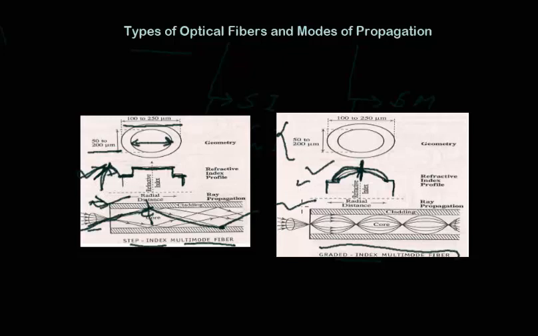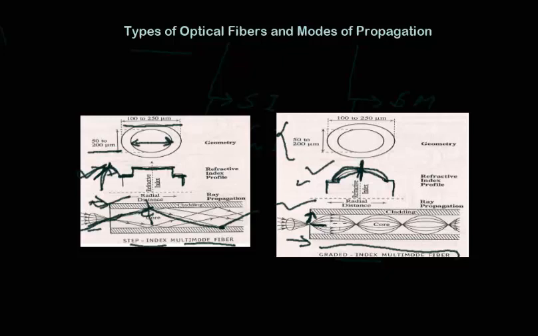Now, if we talk about graded index multimode fiber, the modes of propagation you can see are really different, and this is because of the variable refractive index inside the core. So as we move from this point towards the core-cladding boundary, the refractive index of the core decreases.